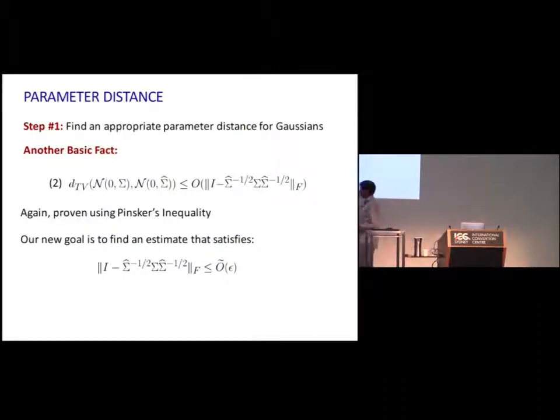Let me explain what this distance is. It's called the Mahalanobis distance. Its name is equally hard to pronounce as the formula is complex. But it's actually very natural, because if you think about this covariance sigma, if there's some direction of very small variance in my original Gaussian, I really better get that direction right.